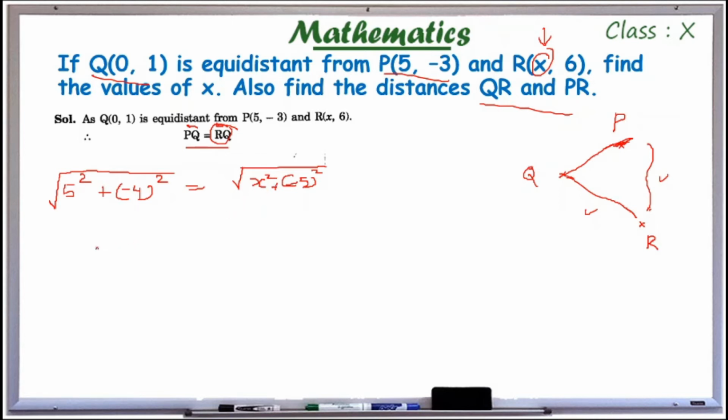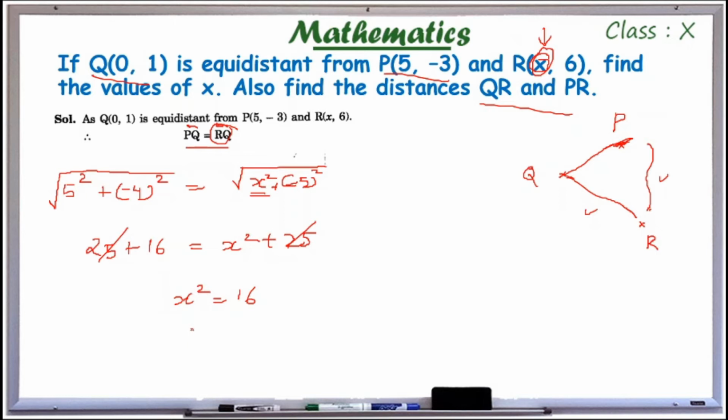Squaring both sides, I have to find this x term. So 25 plus 16 is equal to x square plus 25. Cancelling this 25 on both sides, I get x square is equal to 16.